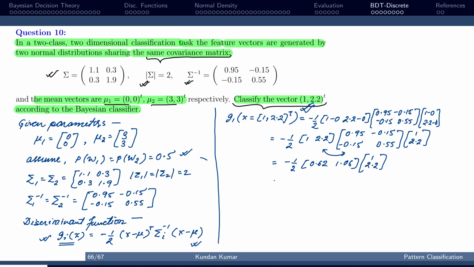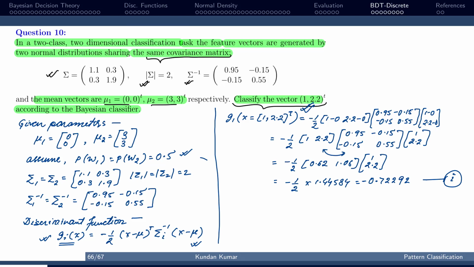And it will be minus 1 by 2 into 1.44584, and it will be minus 0.72292. Okay, so this is the discriminant value for class 1.